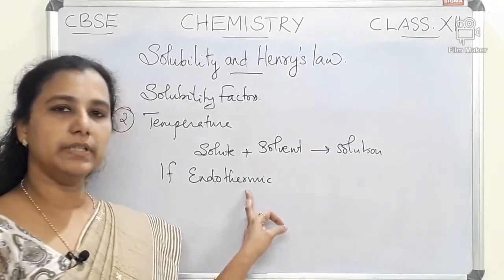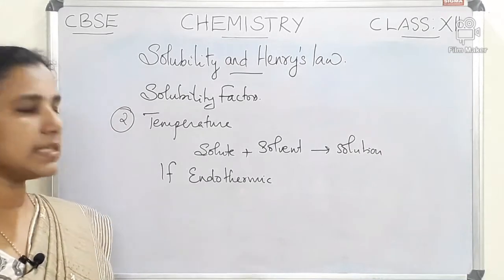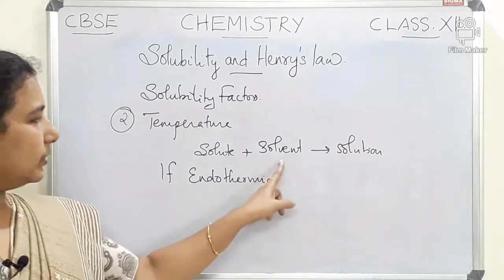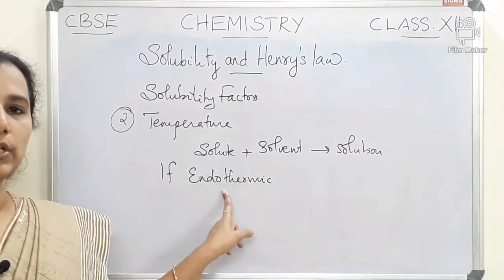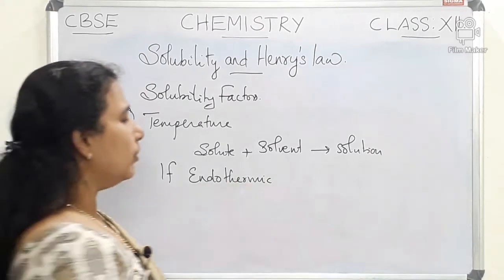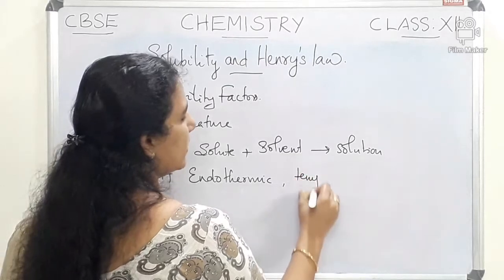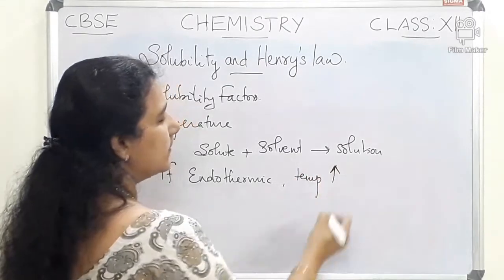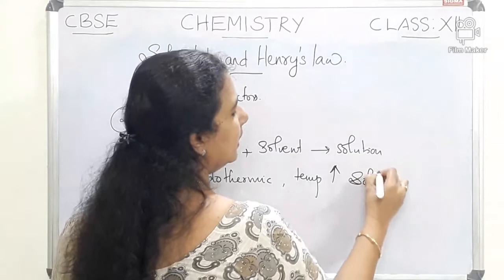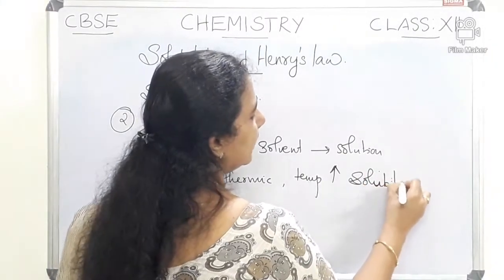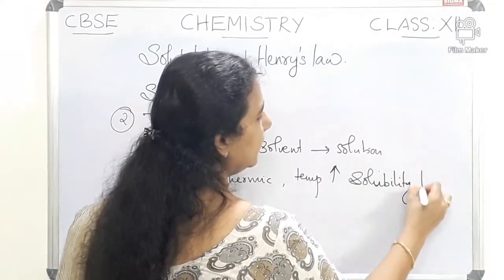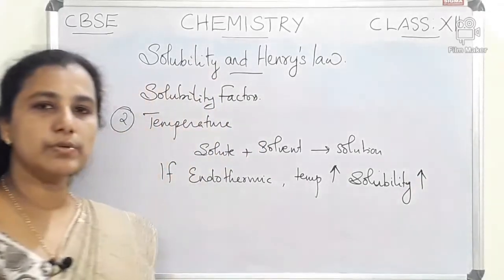If heat is absorbed for this dissolution process, we can say that this is an endothermic process. If the process is endothermic, when temperature increases, solubility also increases, since heat is needed for the dissolution process.